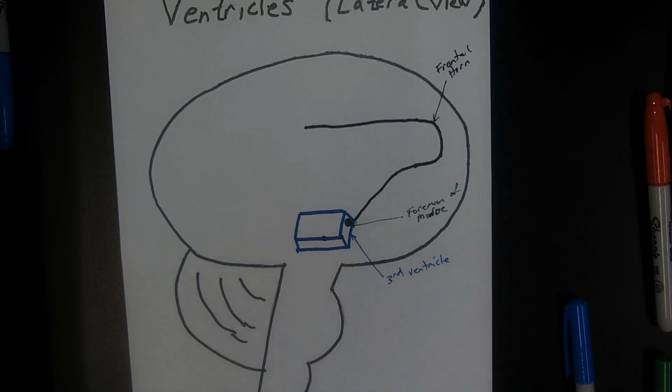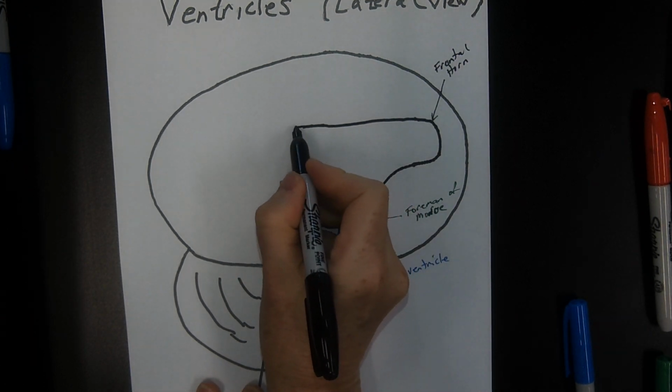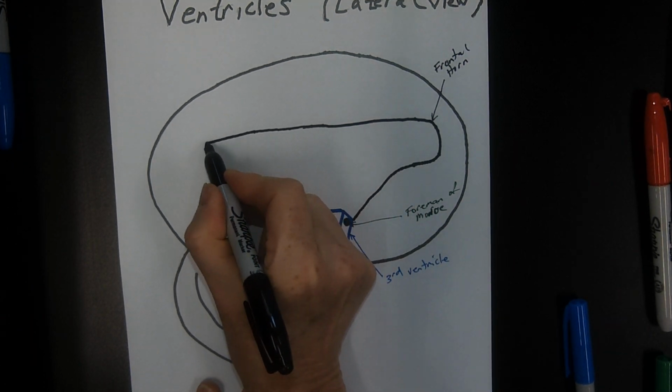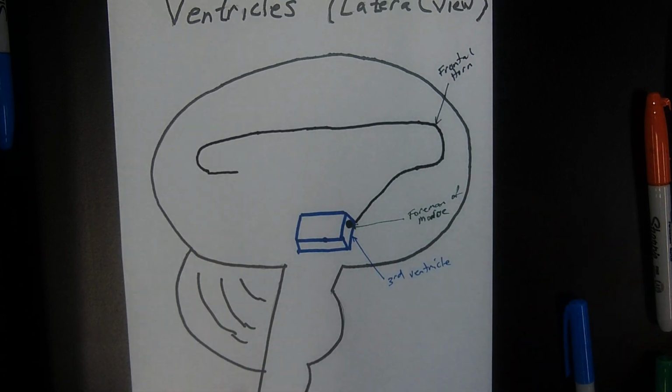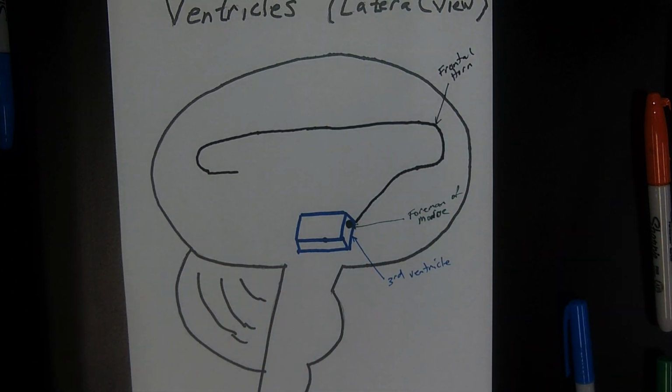So coming off the third ventricle, if you're just looking at this side, it's coming up and going to the front, and it wraps all the way around and goes all the way to the back, like that. The back part is called your posterior horn.